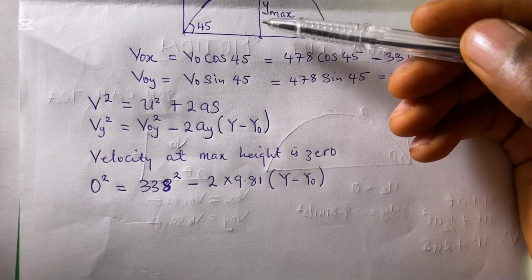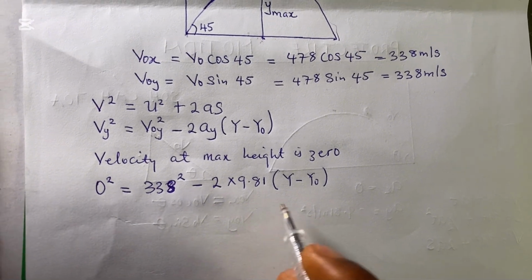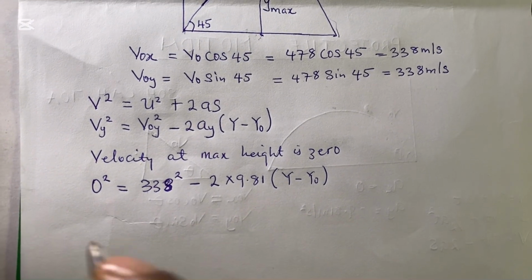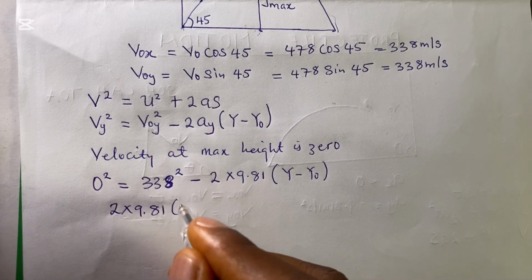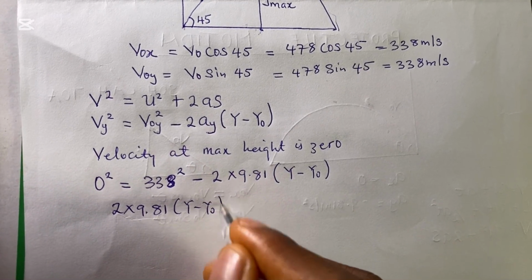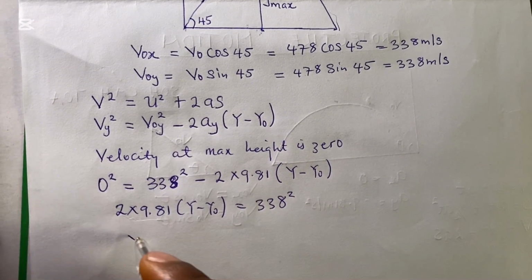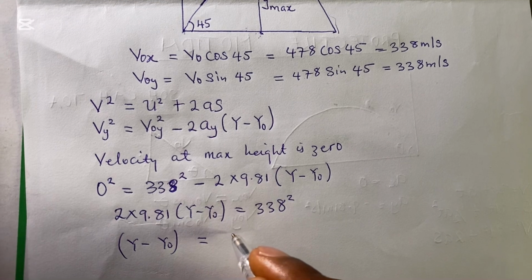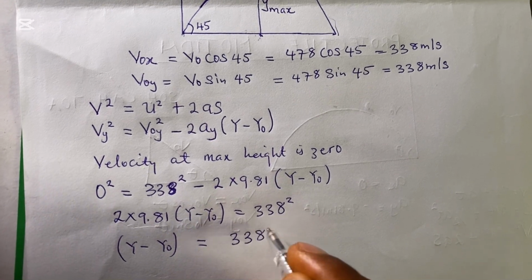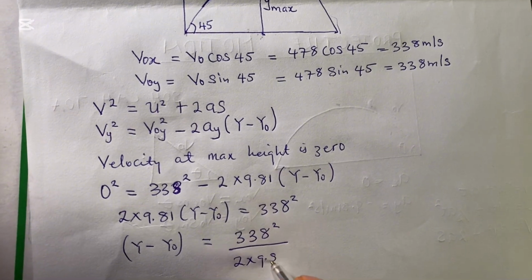So our change in position is equal to 338 squared over 2 times 9.81.